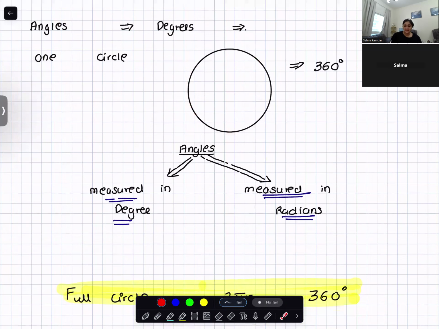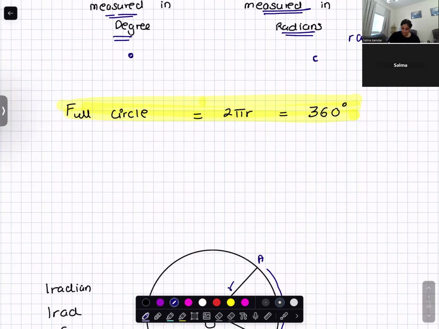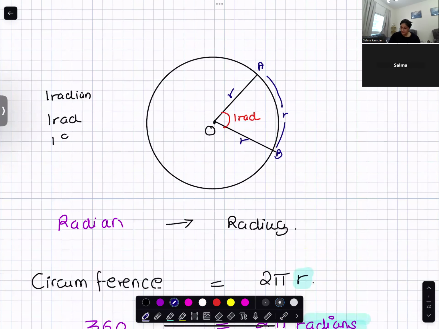When we talk about angles, angles can be measured in degrees and angles can be measured in radians. It is also called as rad. The measure of degree is this, and the measure of rad or radians is this. When we talk about a circle, this is a sector, a piece of the circle.